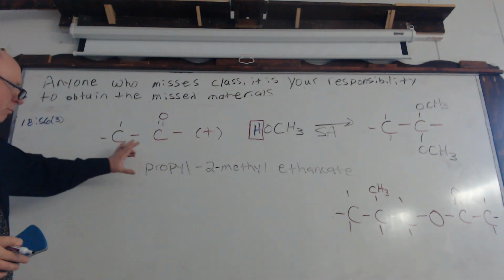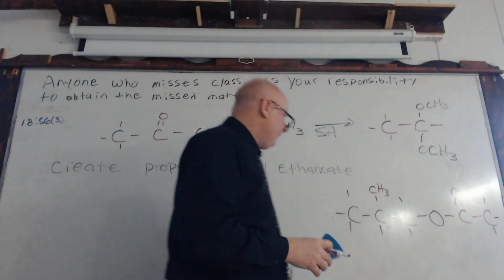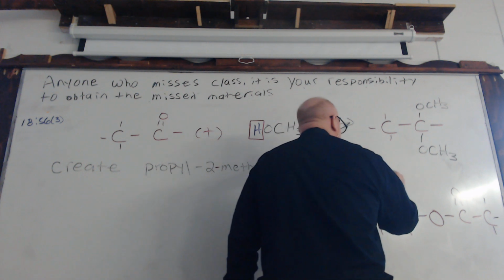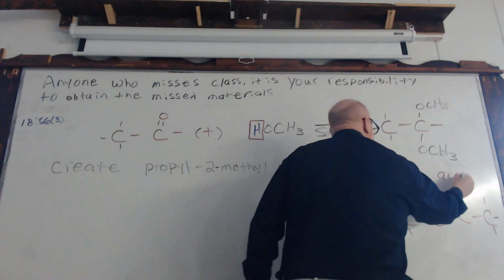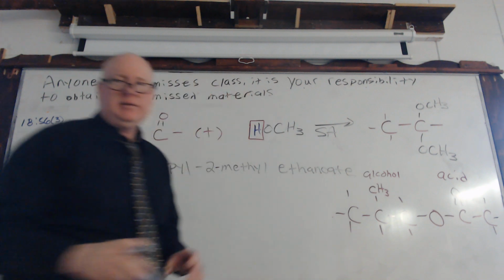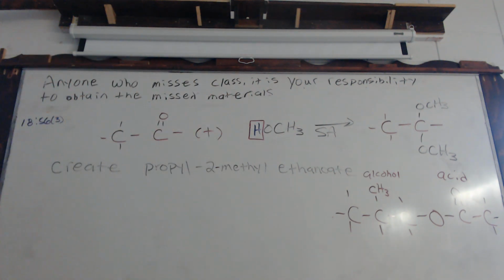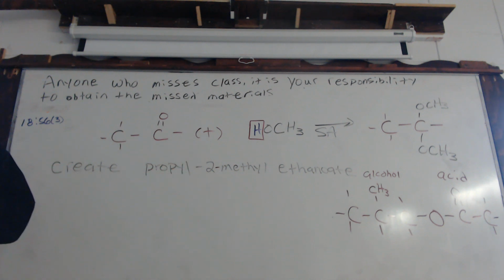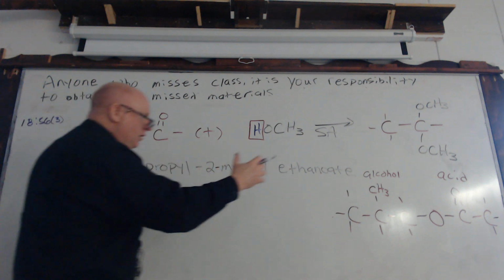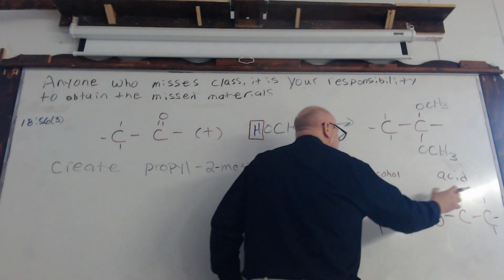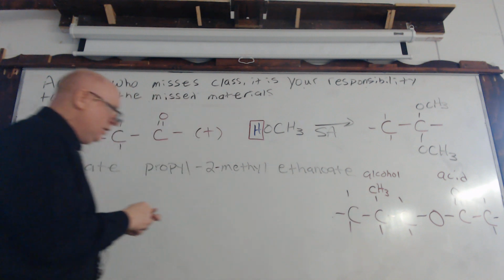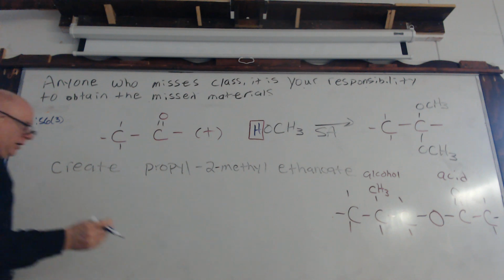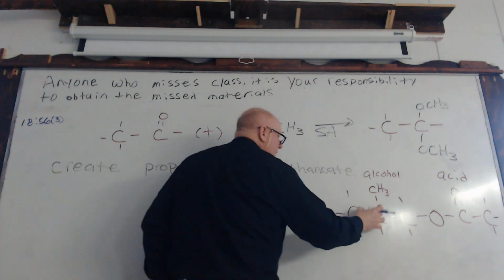It says create propyl 2-methyl ethanoate. So you've already correctly established that we know this is your alcohol side, this is your acid side. Then once you have that, okay, it's not that you're home free, but you've just made things a heck of a lot easier for yourself. Because we know that when we're doing esterification, we know we have to have an alcohol and we have to have an acid. So we've got our alcohol side, which means, what alcohol are we starting with?